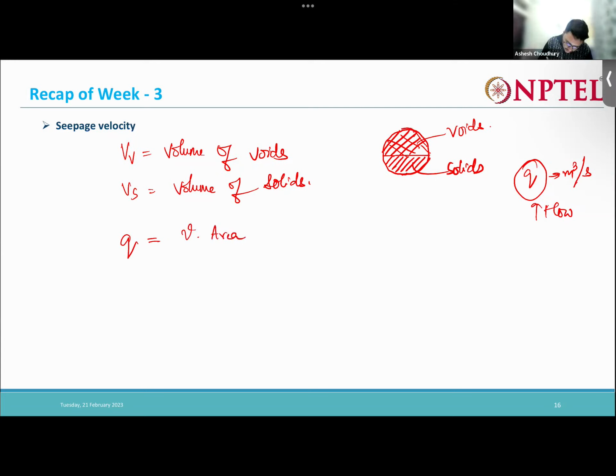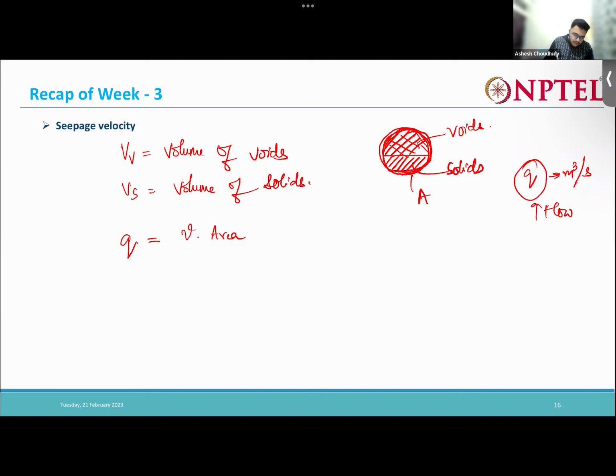If this is the cross-sectional area of our pipe, which is A, and the velocity of flow is V through this pipe, then Q is equal to V into the area of cross section.